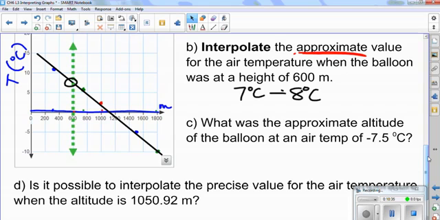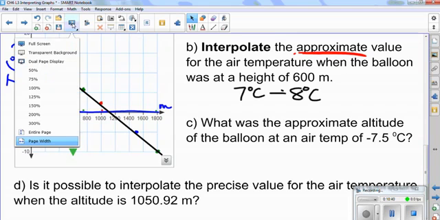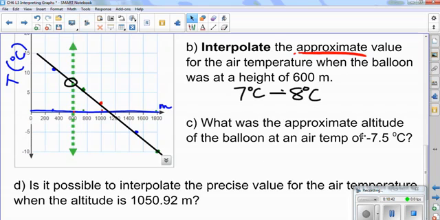C says, what was the approximate altitude of the balloon when the temperature is -7.5? So again, we're estimating. Well, -7.5, here's my temperature, so -7.5 is going to be somewhere between -5 and -10. Again, I'm going to use a ruler, straight line. I'm going to start approximately at -7.5 and trace it out to my data.